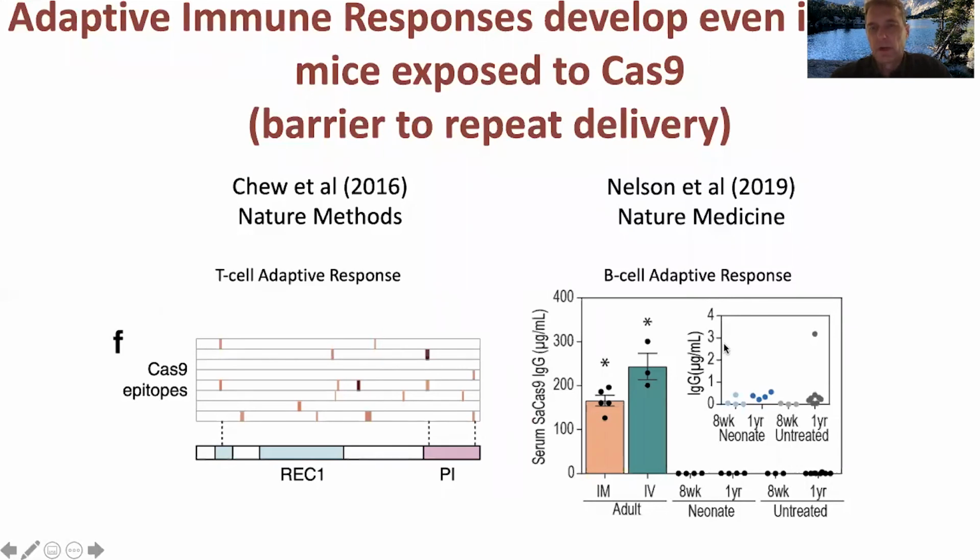Similarly, Charlie's group found that adult mice developed robust antibodies to Staph aureus Cas9 delivered on an AAV, although interestingly, they found that when the AAV was delivered to neonates with an immature immune system, the antibodies did not develop, suggesting that there might be a window that one could deliver these genome editing reagents to human beings.